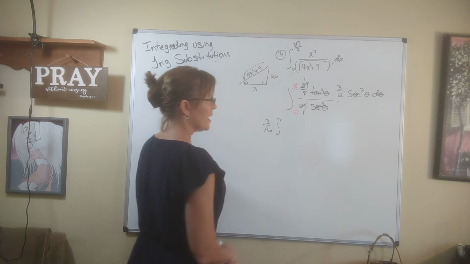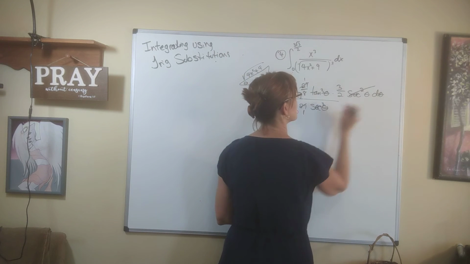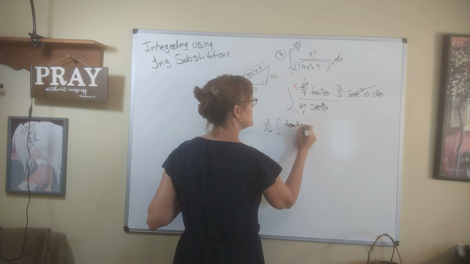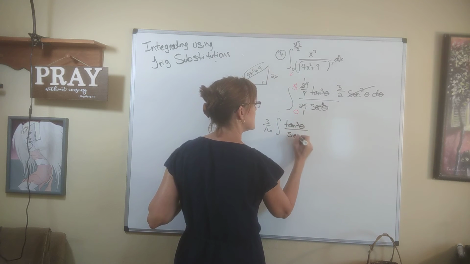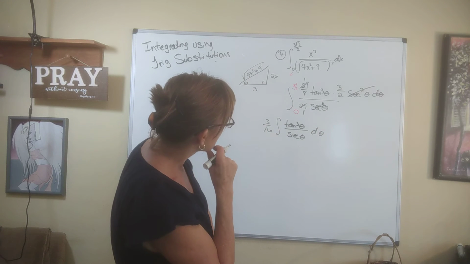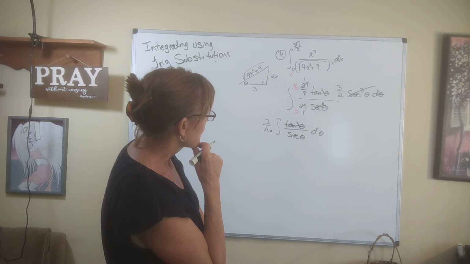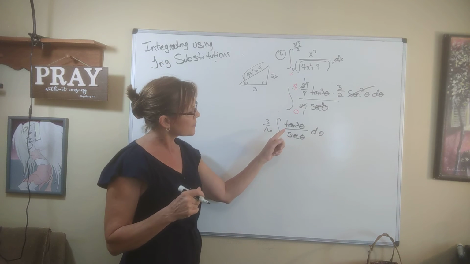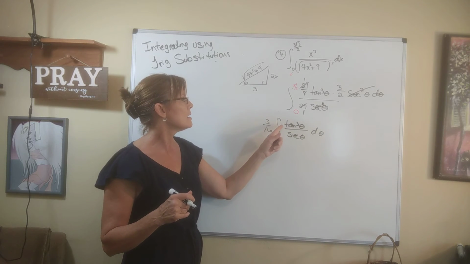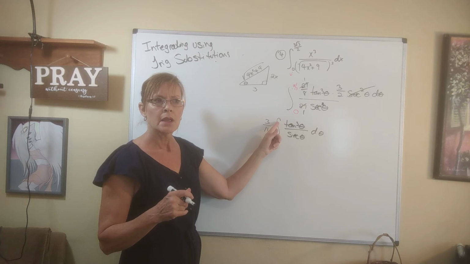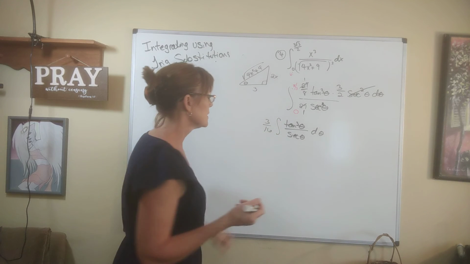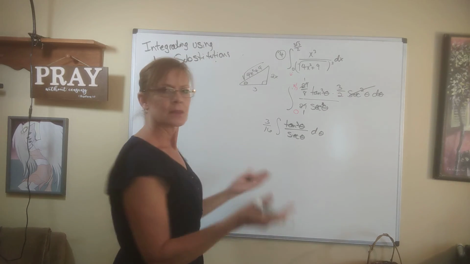Okay. What about some of this other stuff? I've got 2 secants, can take out 2 of those. So I'm left with the tangent cubed of theta over the secant of theta d theta. And so now I want to think about how I want to proceed. I might have to play around with this a while, but I'm going to try holding one tangent and taking tangent squared and rewriting that in terms of secant, just to see what happens.